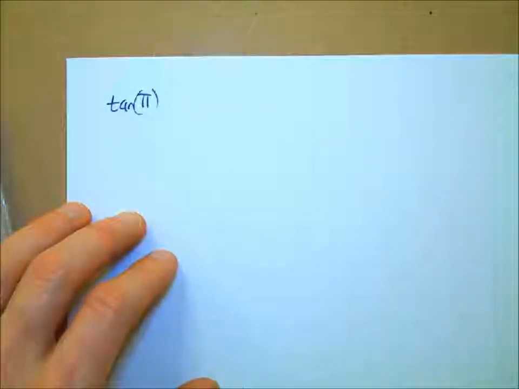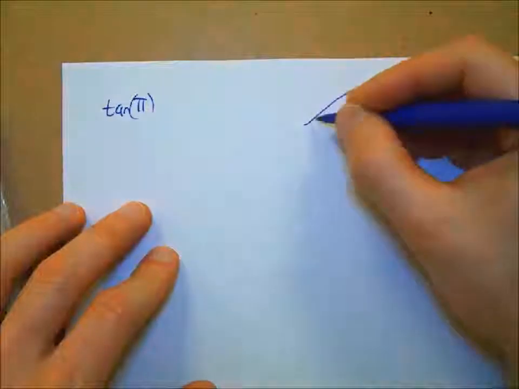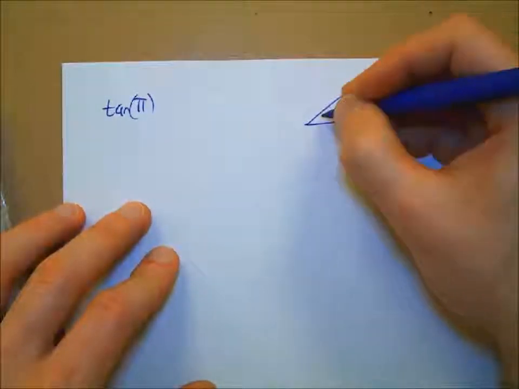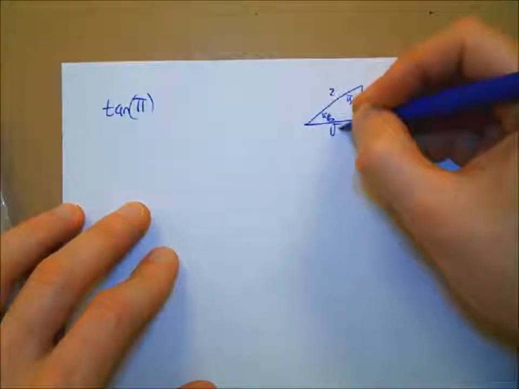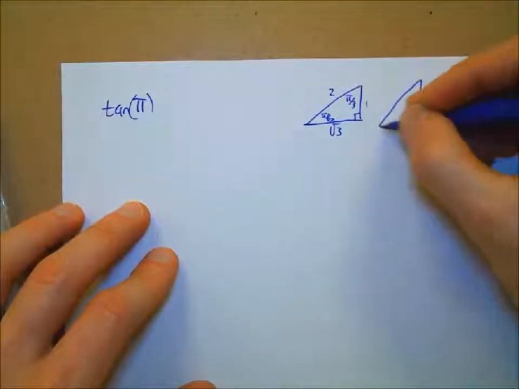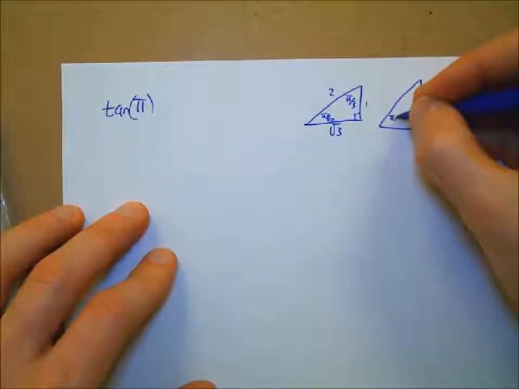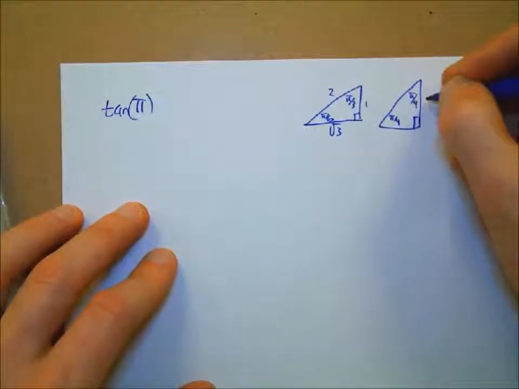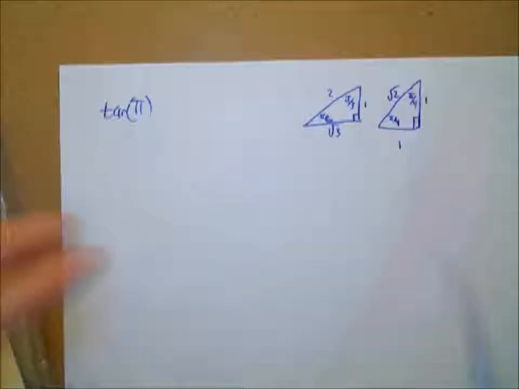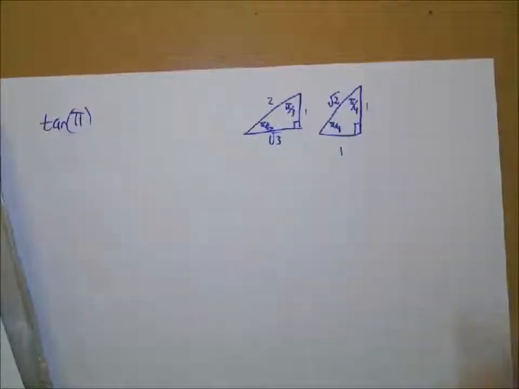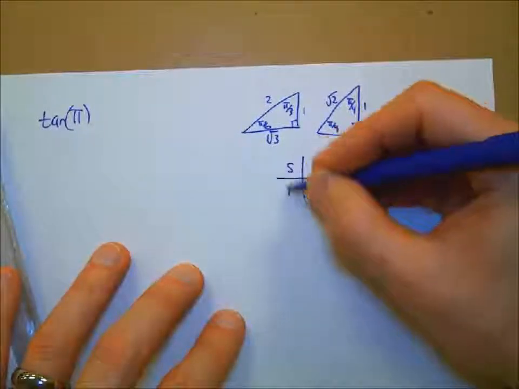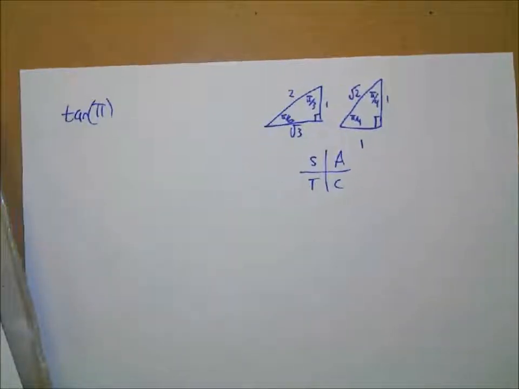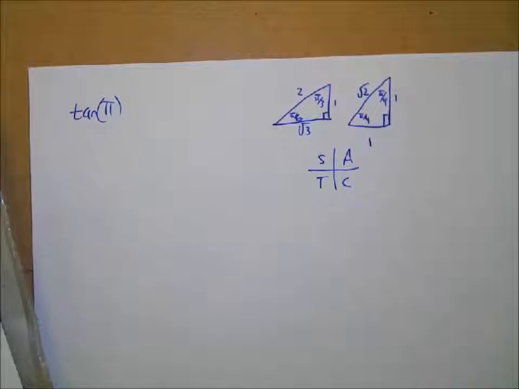If I redraw my triangles here, pi does not show up in my reference triangles, because we didn't evaluate sine and cosine of pi using reference triangles.